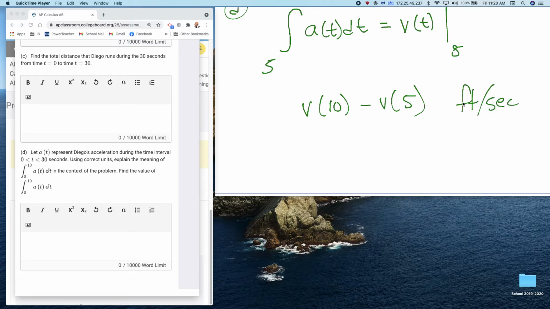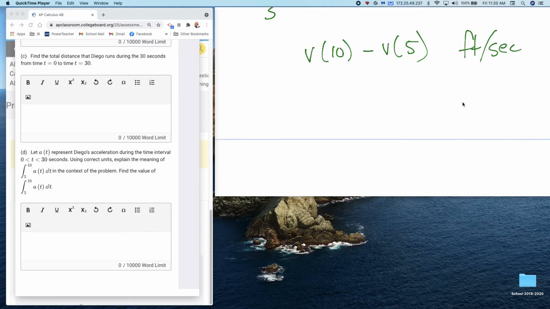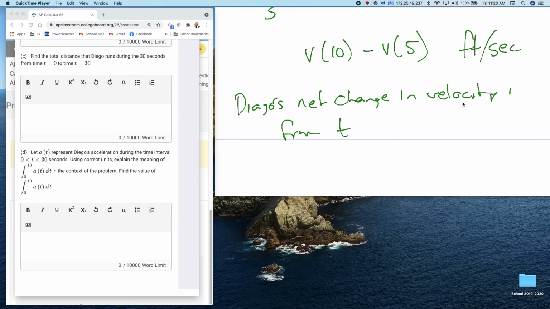That's where those steps are really handy, having a diagram, a roadmap to figuring out what to do. Now, what is this? This is Diego's net change in velocity in feet per second from t equals 5 to t equals 10.